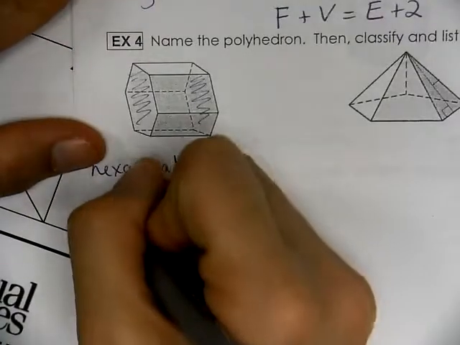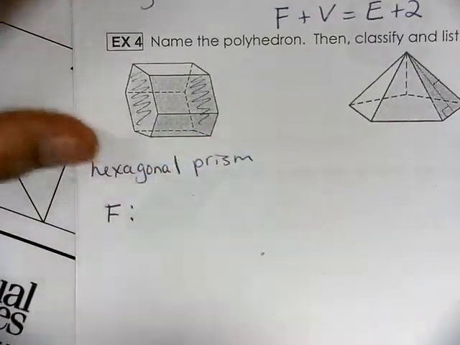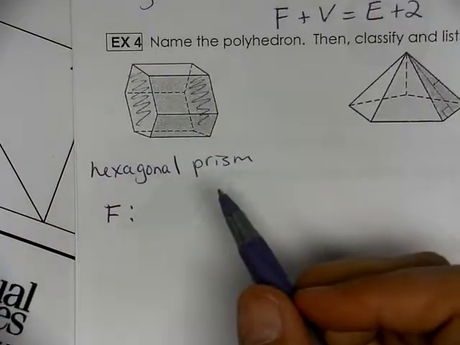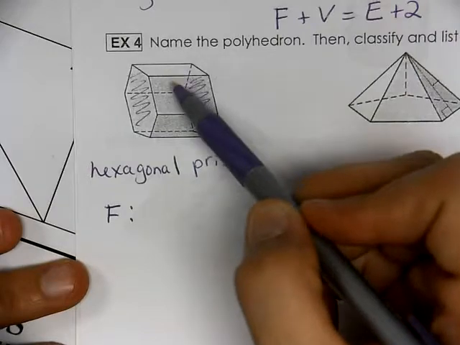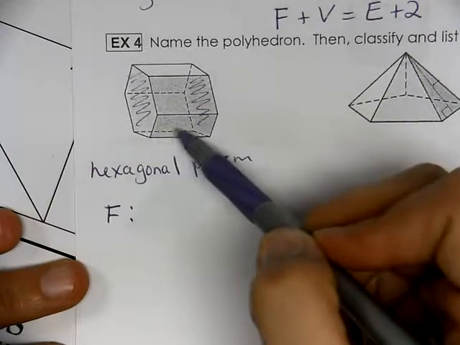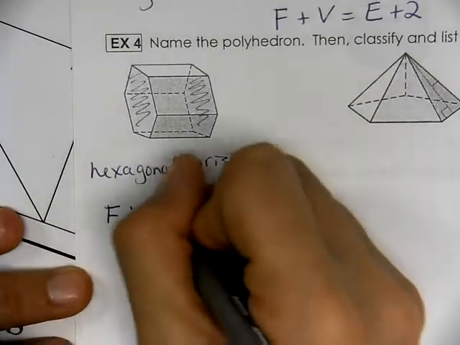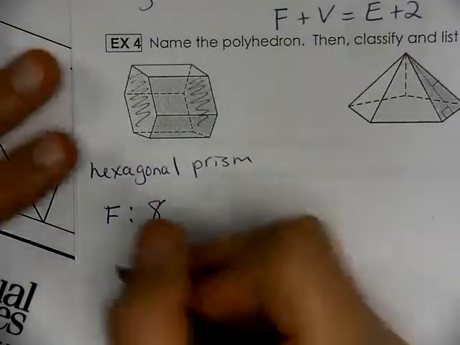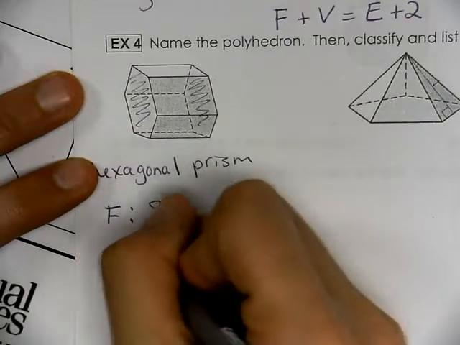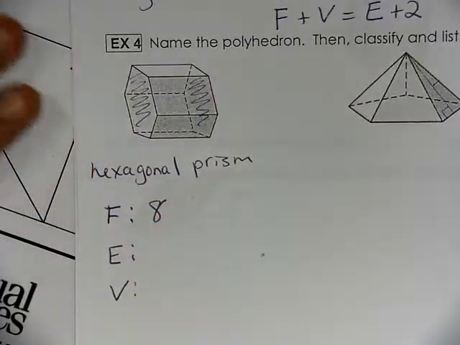First, let's count. The faces are the easiest. Count the faces first. So anything that's a side is a face. 1, 2, 3, 4, 5, 6, 7, 8. Good. Now, you can either count edges or vertices.